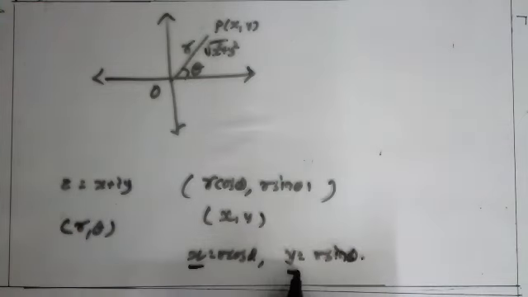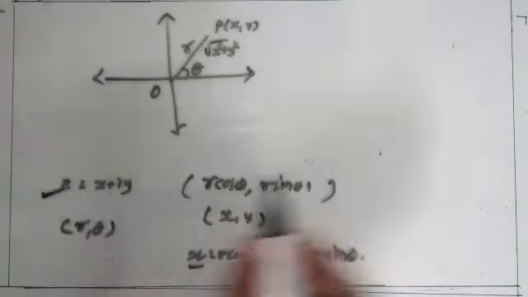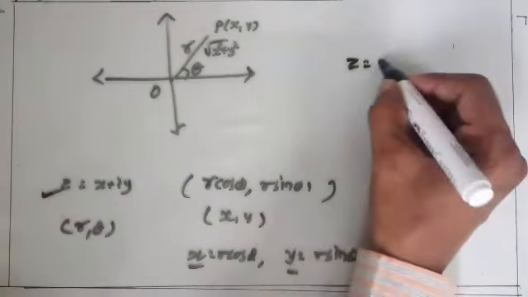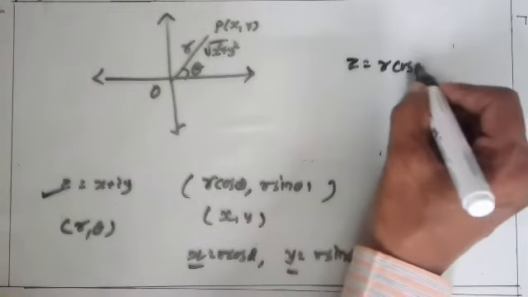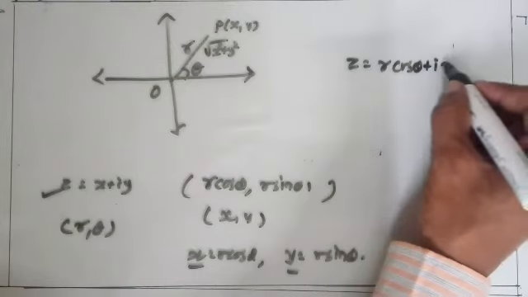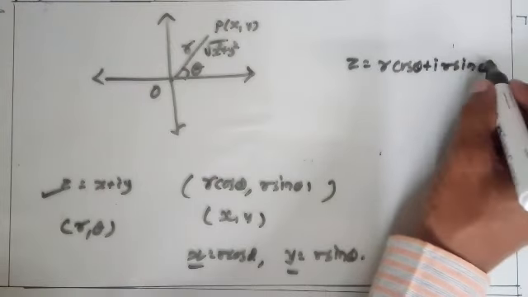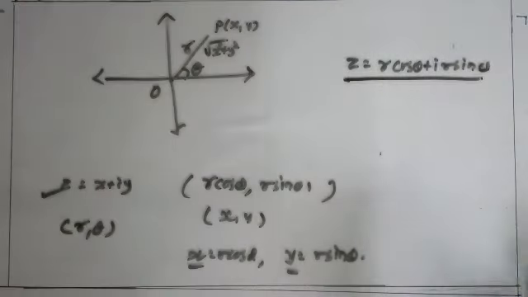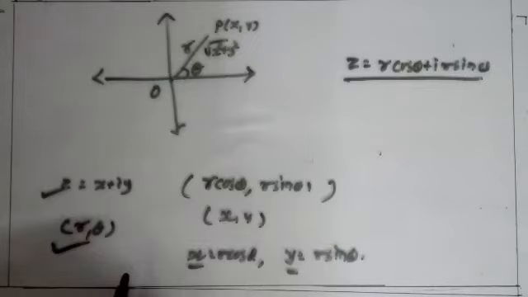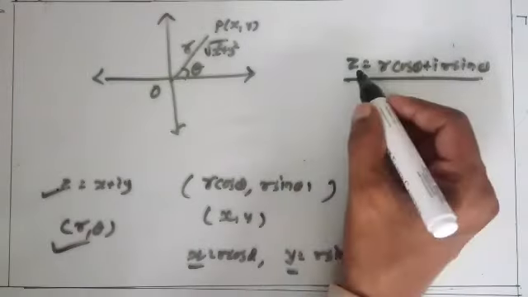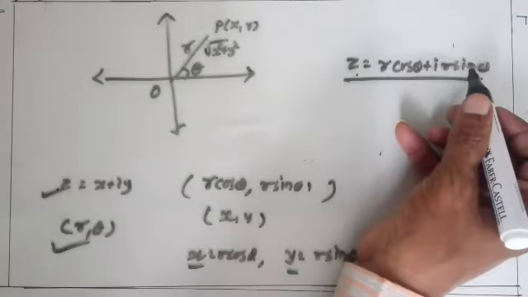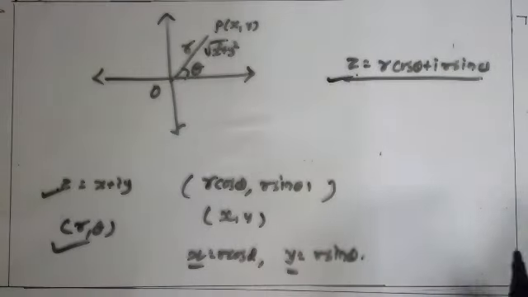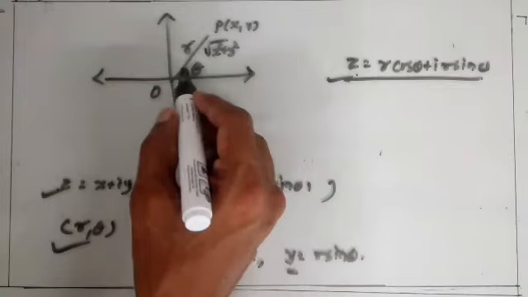So replacing x and y in z, we get z = r cos theta + i r sin theta. This is called the polar form of the given complex number. (r, theta) is the polar coordinate of z. z = r cos theta + i r sin theta is called the polar form of a given complex number. Clear?